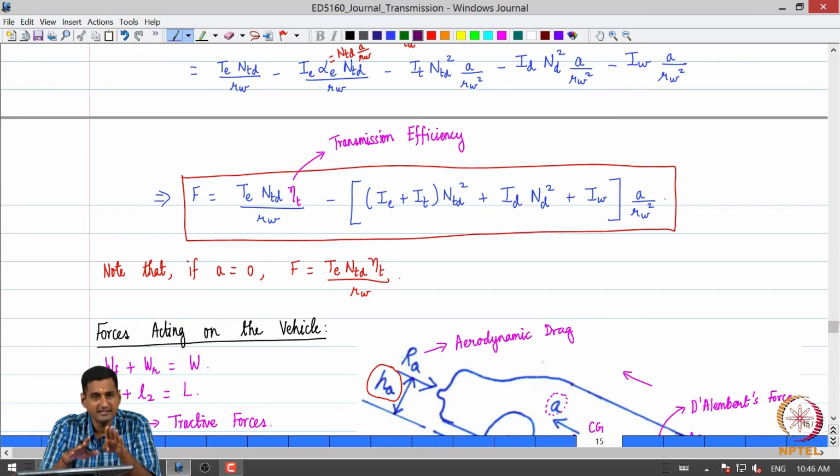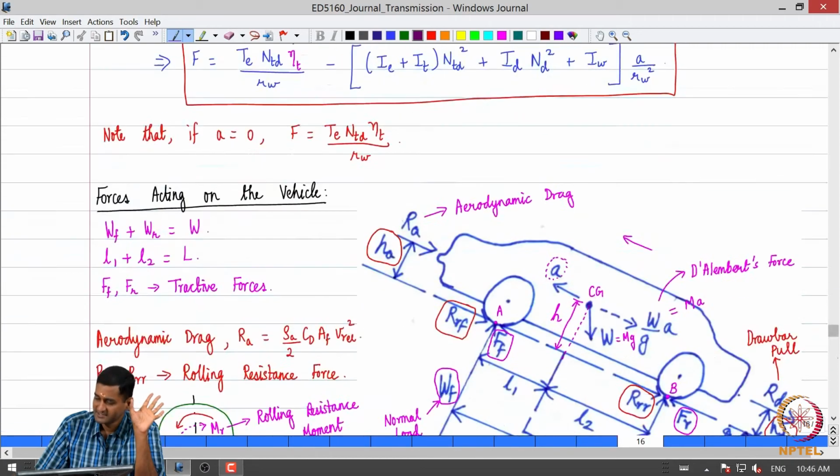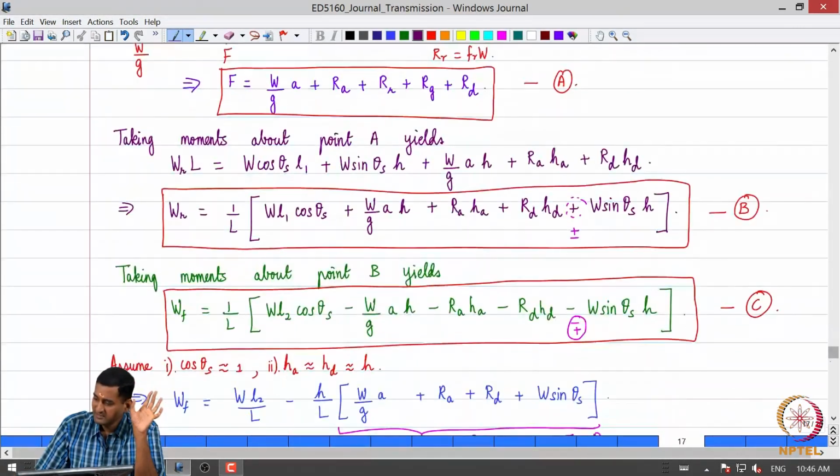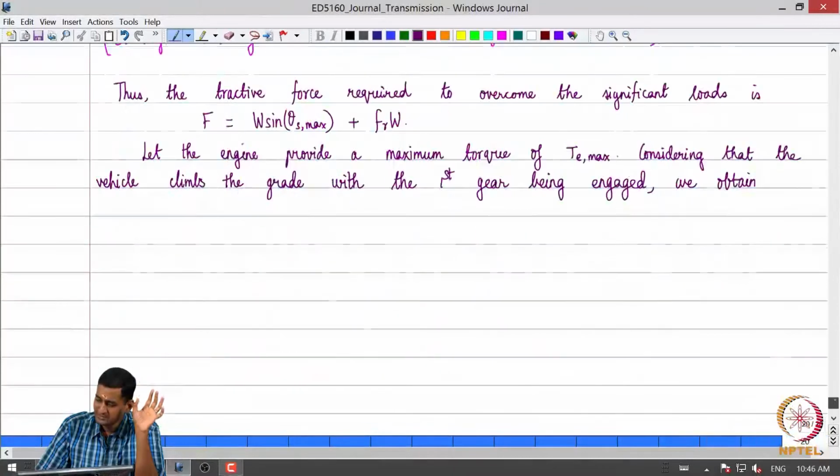So the vehicle acceleration is close to 0. What do you think happens to the second set of terms on the right hand side of this equation? They will vanish, because a is almost 0. So what are we going to get? The tractive force will be equal to the maximum engine torque multiplied by the corresponding gear ratio multiplied by the transmission efficiency divided by the tire radius, or the wheel radius.